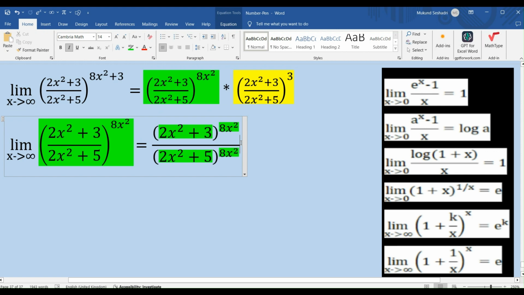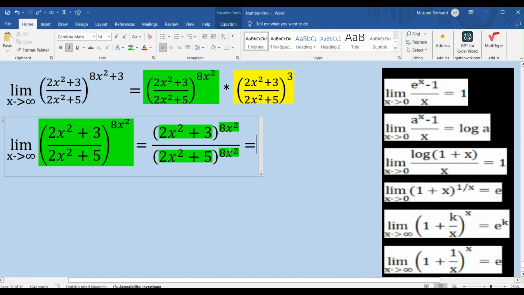Now, when you look at the numerator and the denominator separately, and you try connecting it with one of the formulas on the right of your screen, it becomes a lot easier, right? So all that I'm going to do is divide the numerator and the denominator by 2x square, right? So let's write this, divided by 2x square, the whole power 8x square, right?